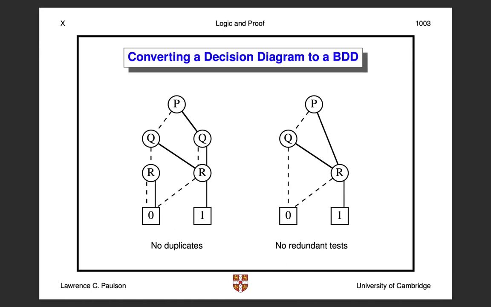Looking at this diagram, you might wonder, why do we bother with this test on R when it doesn't change the outcome? Regardless of whether R, in this case, is true or false, the result is 0. We should get rid of this test.